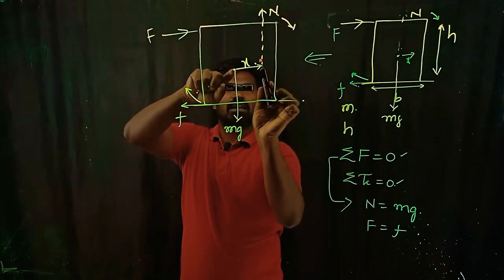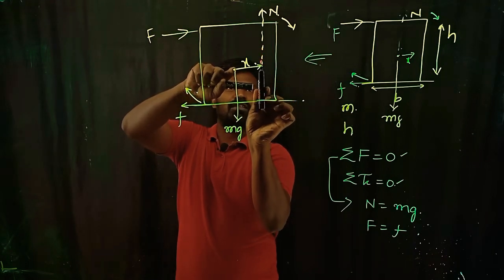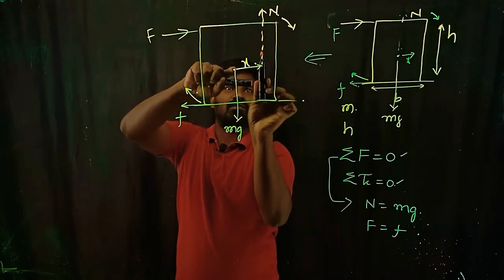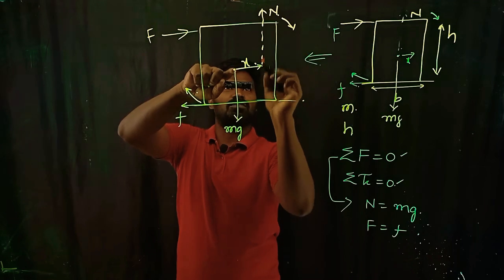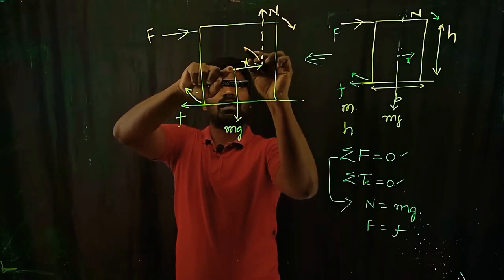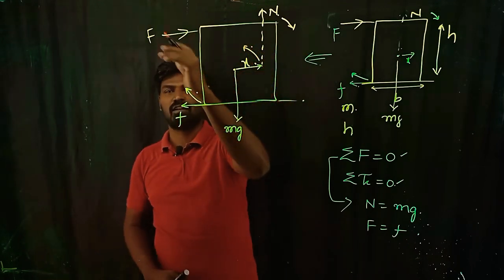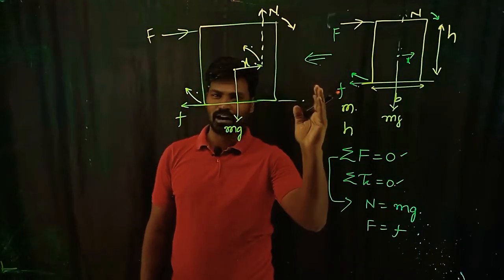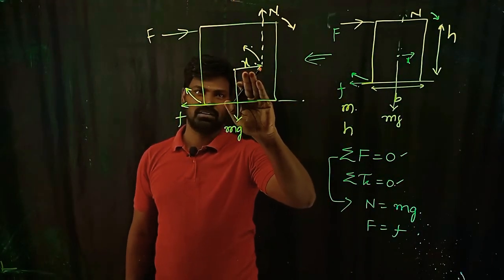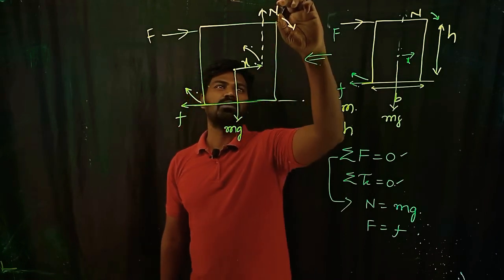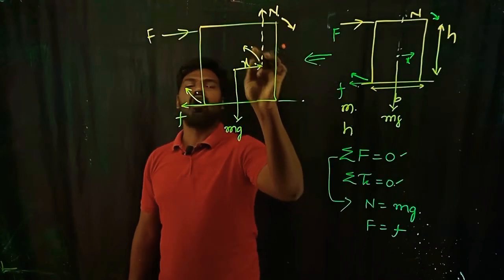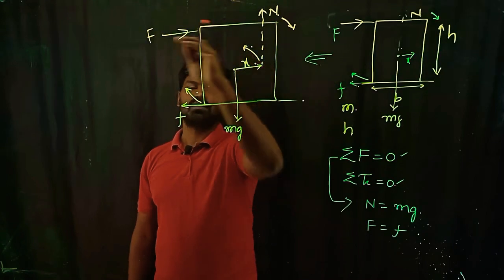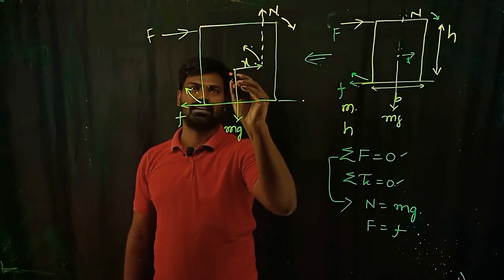Due to this normal reaction, the line of action of force is like this, because of which the body has a tendency to rotate in the counterclockwise sense. That means if I assume that the normal reaction has shifted to the right through a small distance x, then this normal reaction is able to produce a counterclockwise torque about the center of mass C.